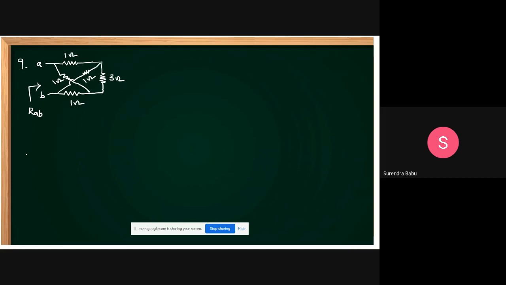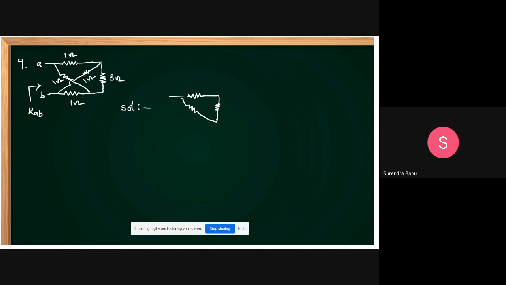Yes, friends. See, it's very simple. I'm just giving the idea. I will explain in detail in the next class about this one also. Students, as it is, draw this one. This is 1 ohm. This is 3 ohms. This is 1 ohm.